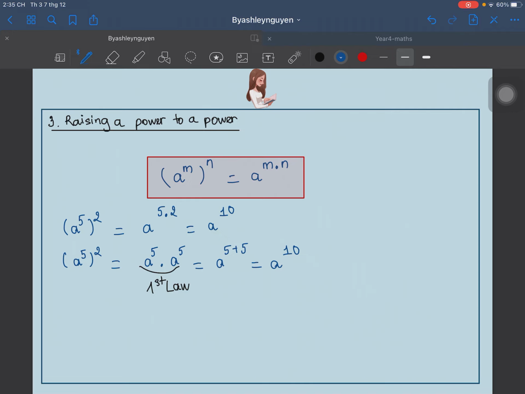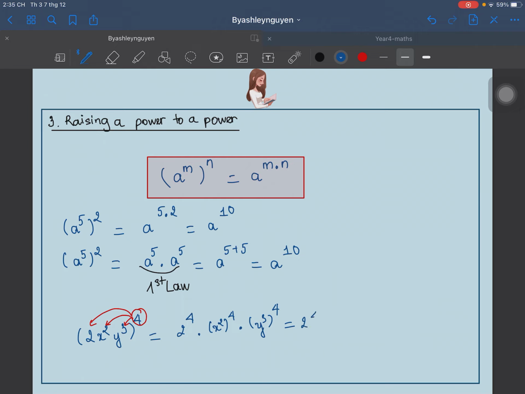Now we will look at a more complicated example: 2x squared y cubed, all to the power 4. We need to apply the power 4 across the bracket to every single part. Write it again: 2 to the power 4 times x squared all to the power 4 times y cubed all to the power 4.